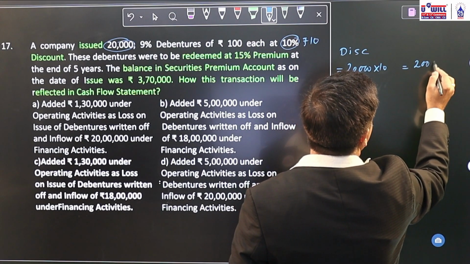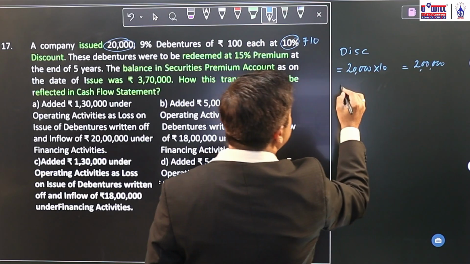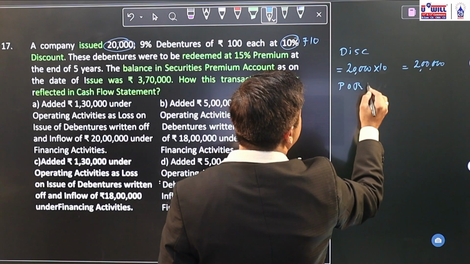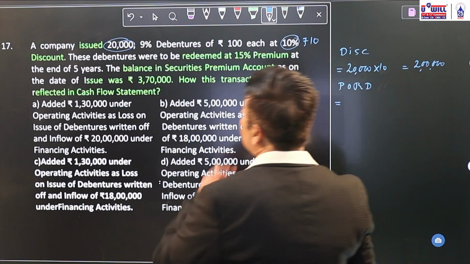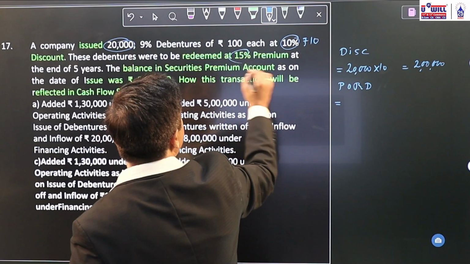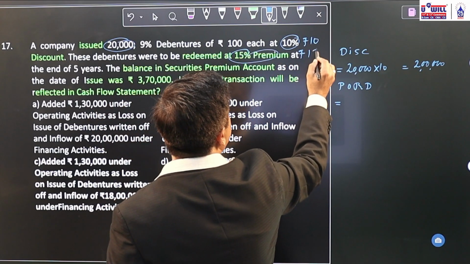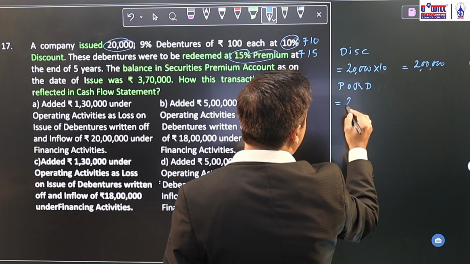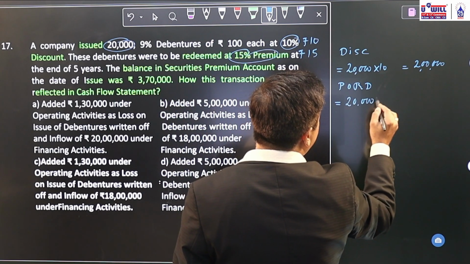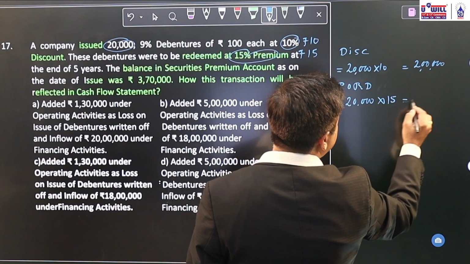Same way, how much is premium on redemption of debentures? 15% premium means 15 rupees. So 20,000 multiplied by 15 means it is 3 lakhs.